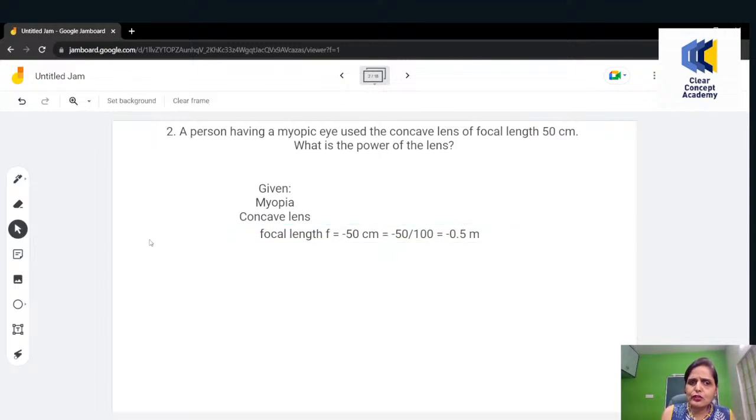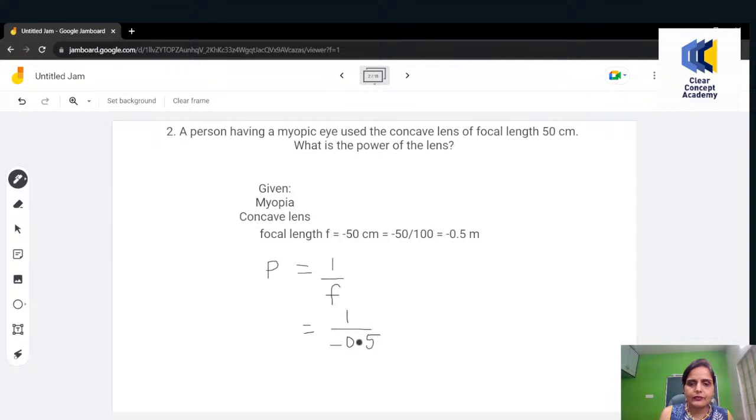Now in solution, you simply have to write down the formula. So the formula is power P is equal to 1 upon f. Now substitute the value. 1 upon f is 1 upon minus 0.5.